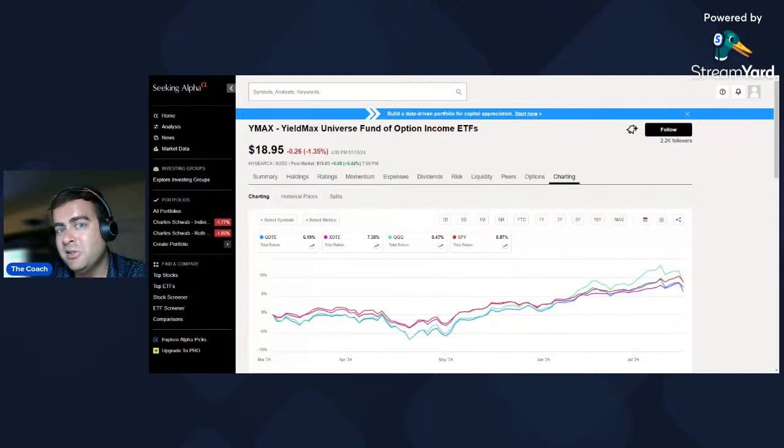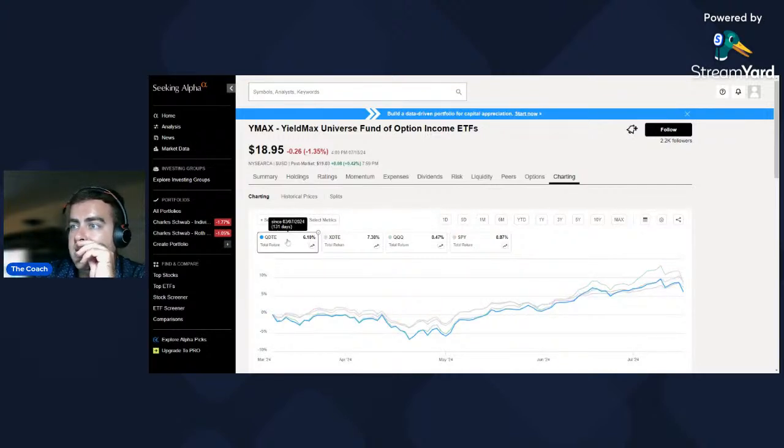Boy, do I wish I would have sold at that time. Everything was looking great at that time. Okay, so since inception, these are very close to their underlyings in total return. So the QDTE versus its underlying, and then the XDTE versus its underlying, they're only like 1 or 2% off.